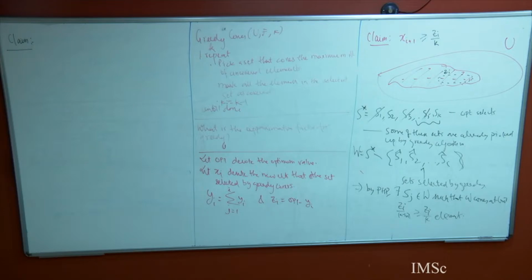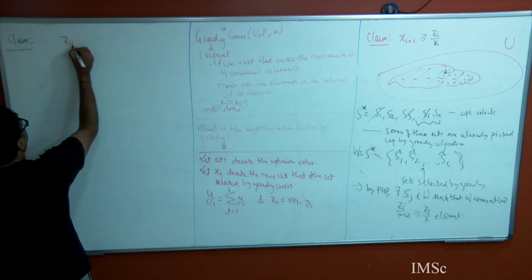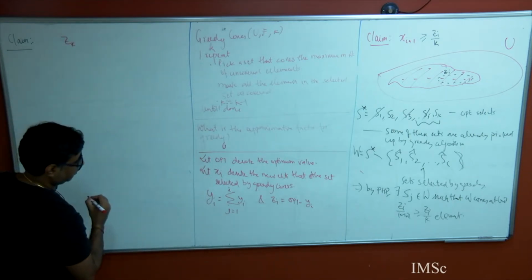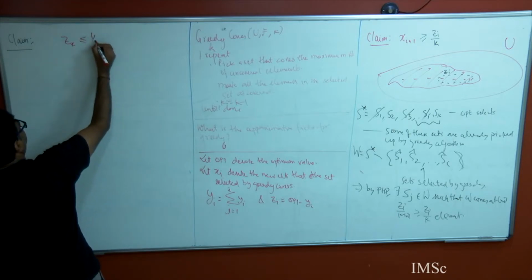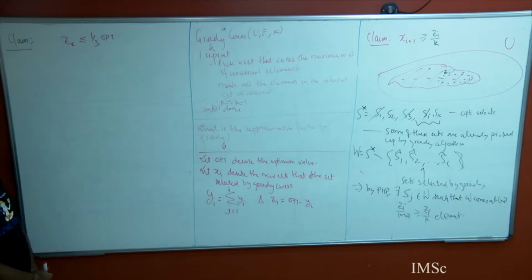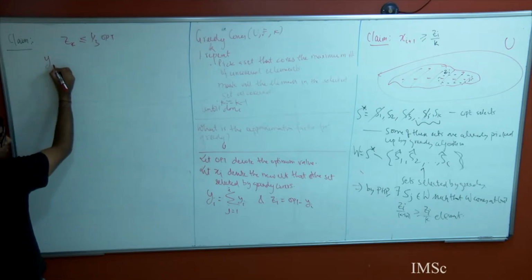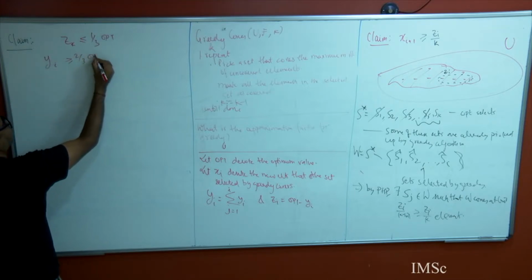If I can show that Zk is at most 1/3 of opt, then what does it mean? I have picked up k sets. So suppose I can show that Zk is like 1/3 times opt. Then what does that imply? That implies that Yi is at least 2/3 of opt, right?